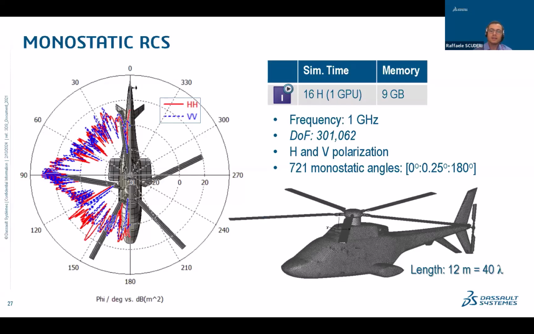Like here, you can see the monostatic RCS of a helicopter, 12-meter length, which is something like 40 lambda at 1 gigahertz. And for this simulation, I use the integral solver, calculating 721 different monostatic values for horizontal and vertical polarization. So it's a massive amount of data to be computed.